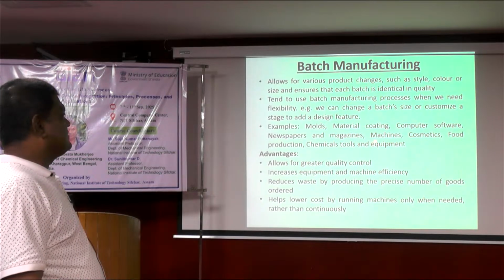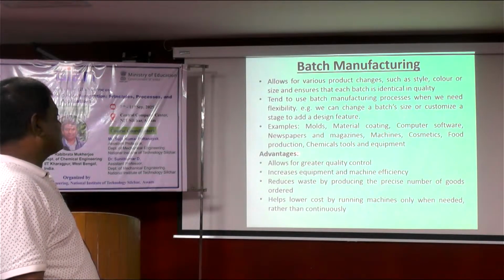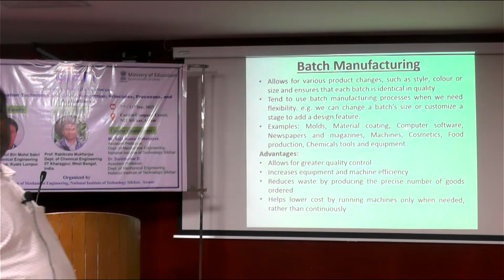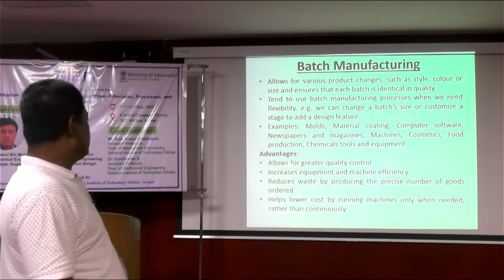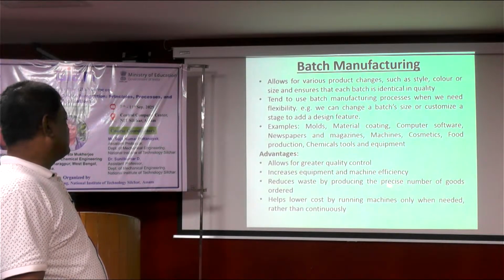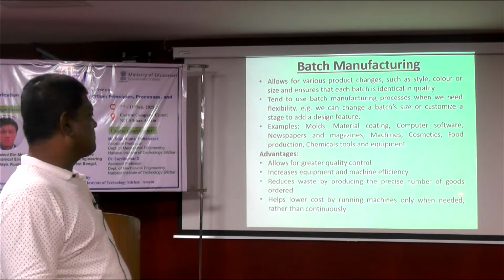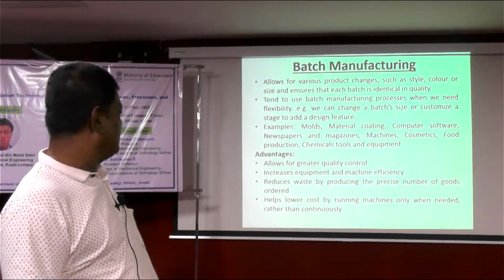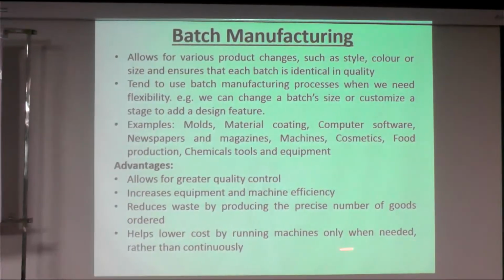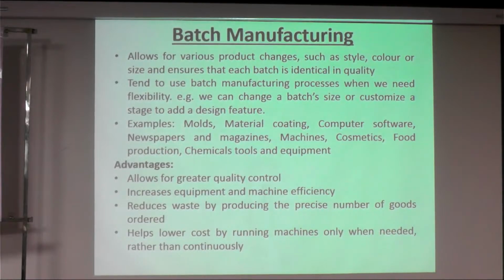Newspapers, magazines, machines, cosmetics, food production, chemicals, tools, equipment, all of this comes under batch production. Advantages: it allows for greater quality control. It increases equipment and machine efficiency, reduces waste by producing the precise number of goods ordered. Then it helps lower cost by running machines only when needed rather than continuously.